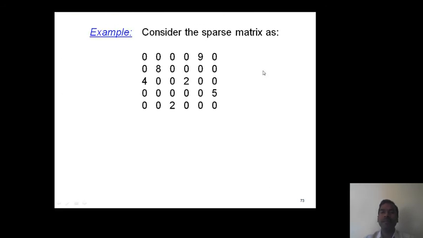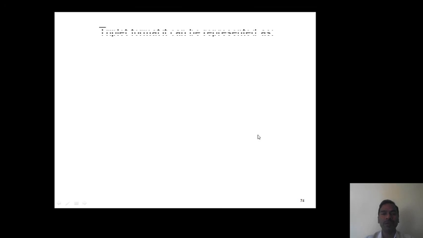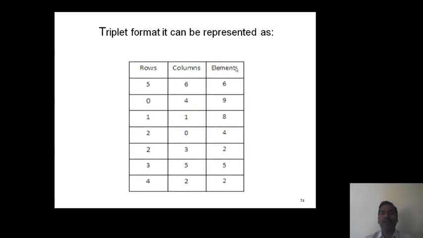Now observe this example. Now consider this sparse matrix. Here 1, 2, 3, 4, 5, 6. So 6 non-zero elements are available. For this, the triplet representation should be in this format. So these 3 columns.